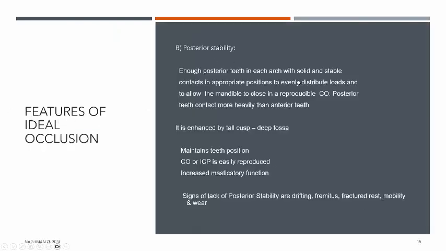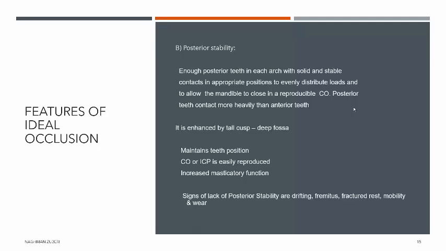Posterior stability. Enough posterior teeth in each arch with solid and stable contacts in appropriate positions to evenly distribute loads and to allow the mandible to close in a reproducible centric occlusion. Ideally, there should not be any shift from centric relation to centric occlusion.